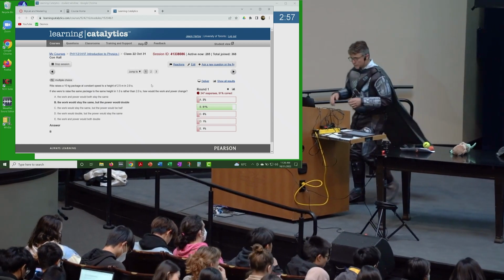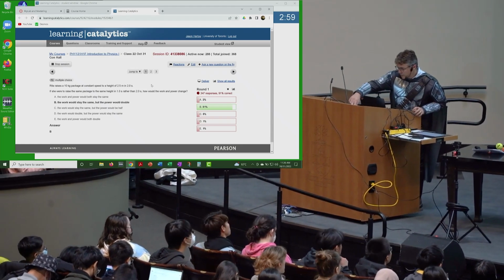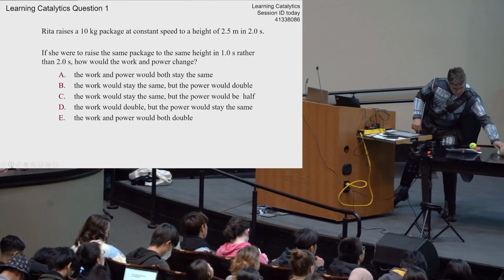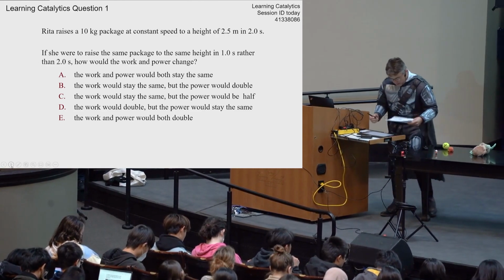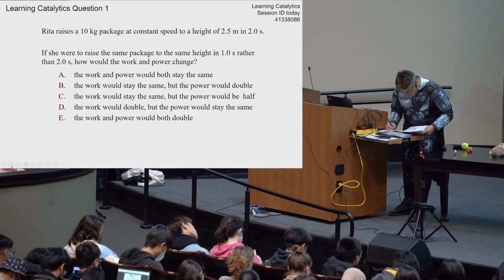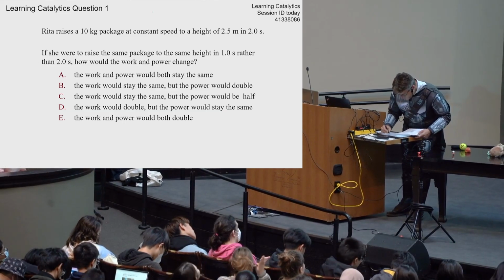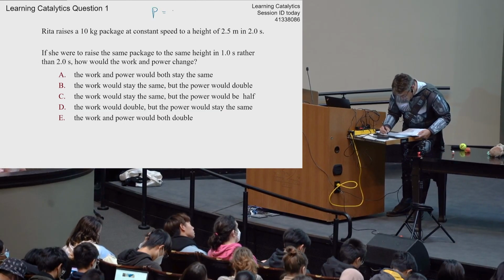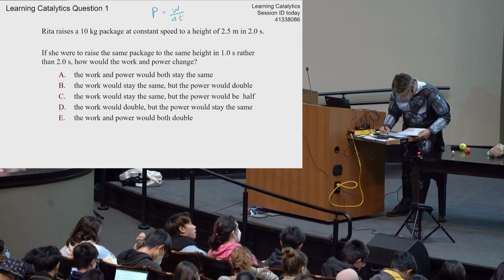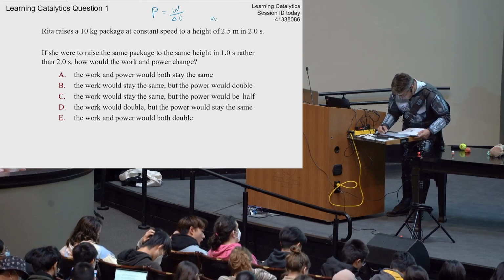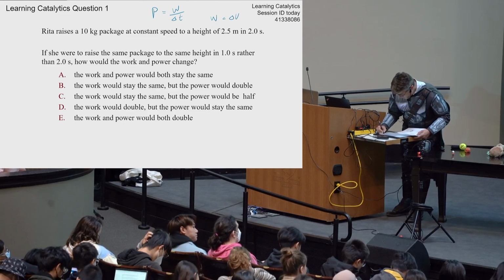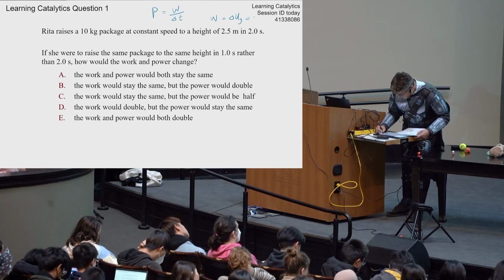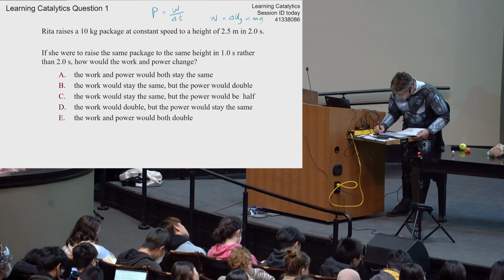A lot of you are voting for B. I think that's the one that I liked as well. Basically the system here is the package. So P is equal to work divided by delta T. And the work, I might just call it delta UG, is m times g times 2.5.